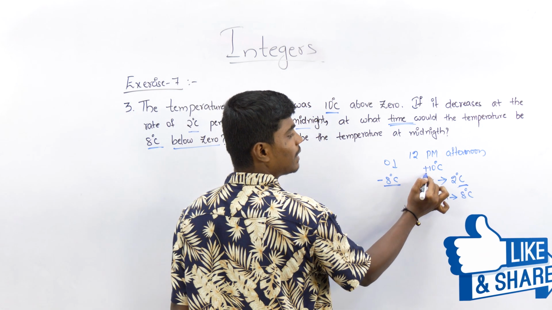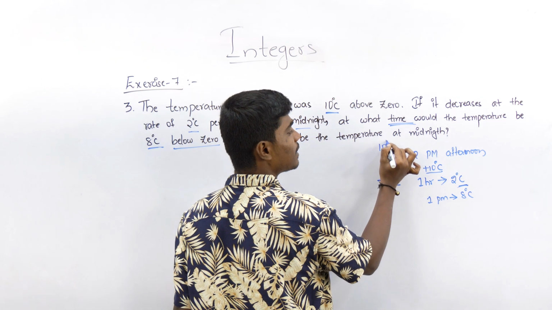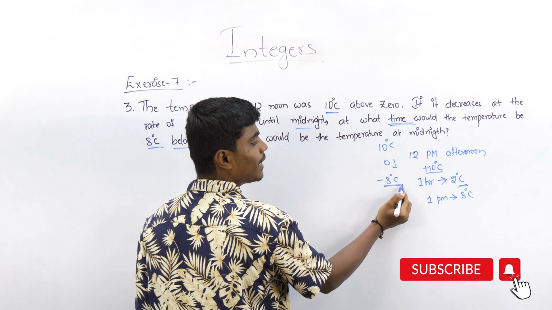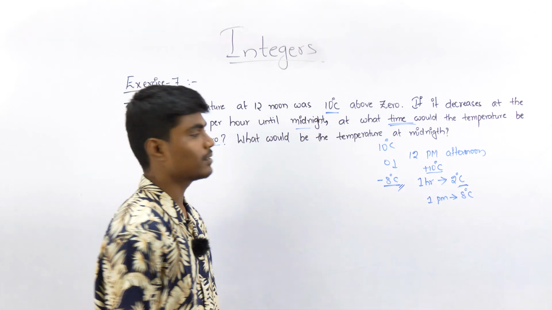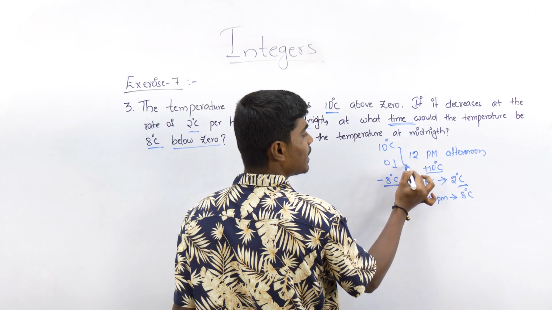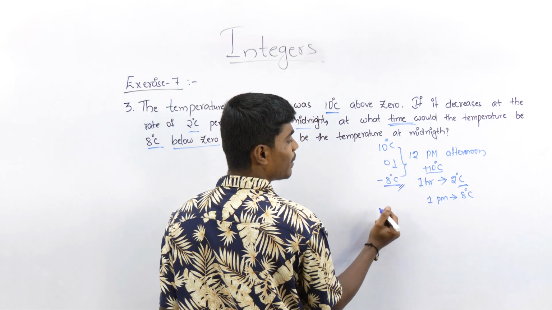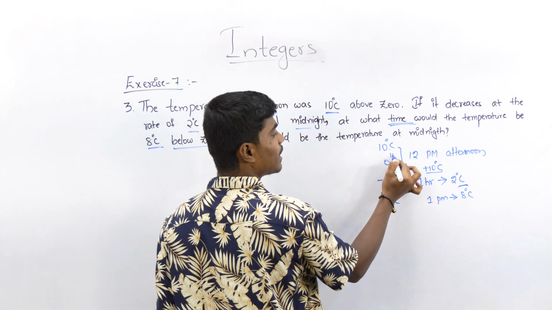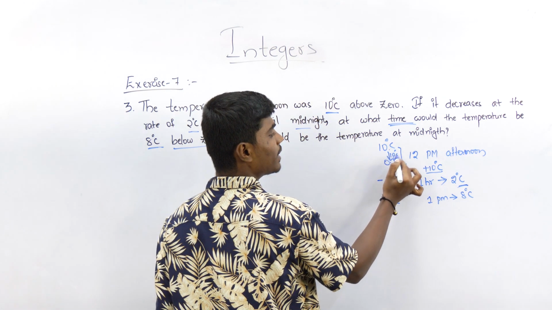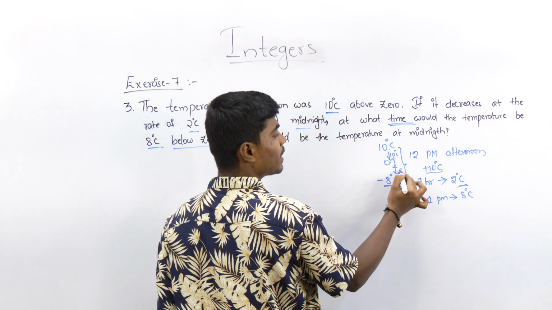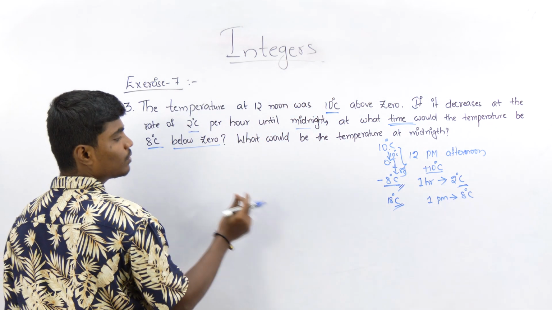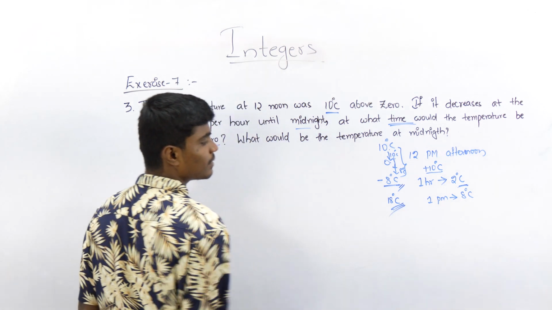The temperature is 10 degrees Celsius and he is asking the time when it reaches minus 8 degrees Celsius. How much does it decrease? 10 to 0 is 10 degrees, and from 0 it should decrease 8 more. In total, it should decrease 18 degrees Celsius.